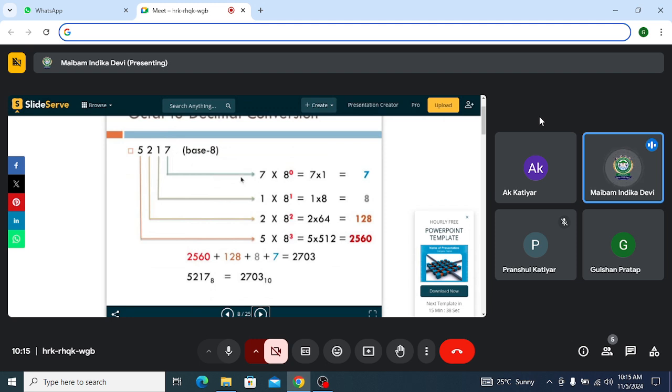So 7 into 8 to the power 0, 1 into 8 to the power 1, 2 into 8 to the power 2, 5 into 8 to the power 3. So this is the value you get: 7, 8, 128, 2560. You add it up and you get the decimal equivalent of this octal number. So 5217 represented in octal is equal to 2703 in decimal.